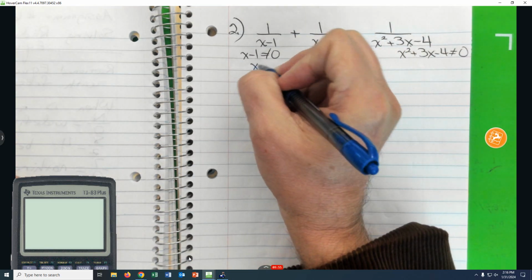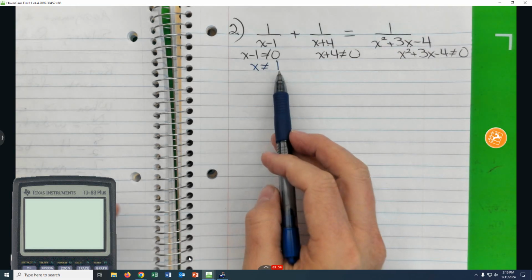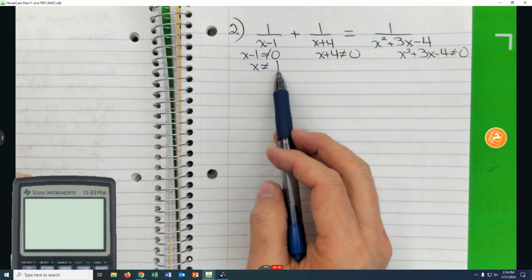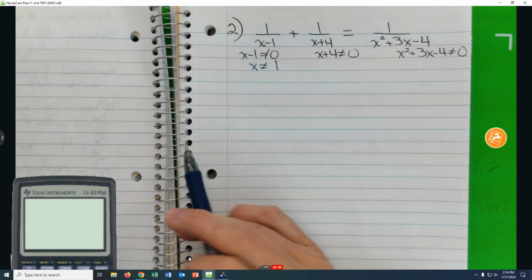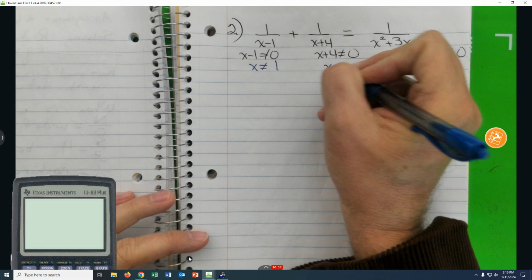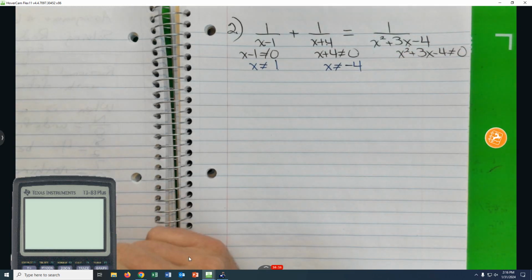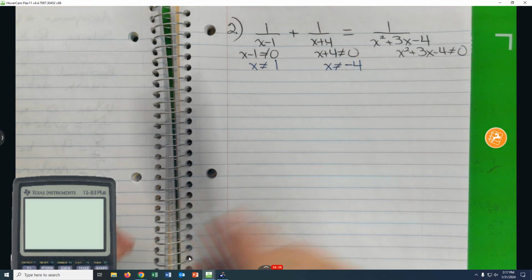That means x cannot equal 1. So there's the first number that cannot possibly be a solution. If you try to plug in 1, you're going to get 1 over 0, undefined. What about the second one? x cannot equal negative 4. I agree. Can't plug in negative 4 because if you do, you get another 1 over 0.